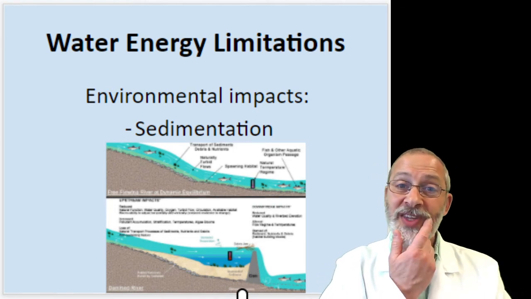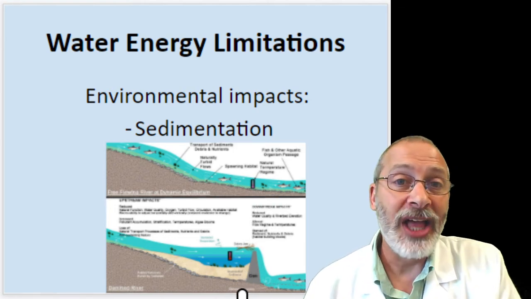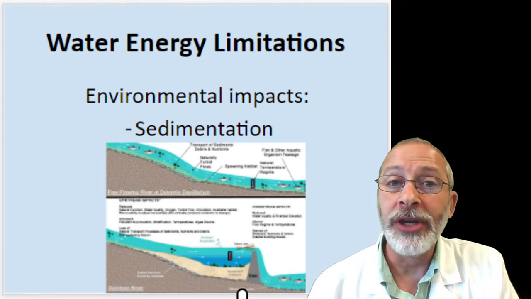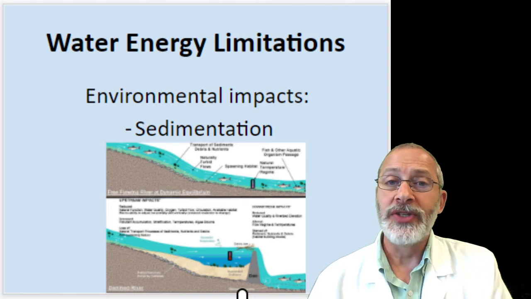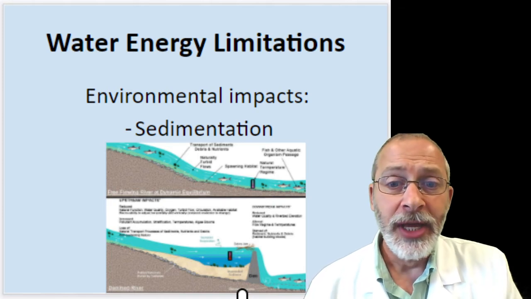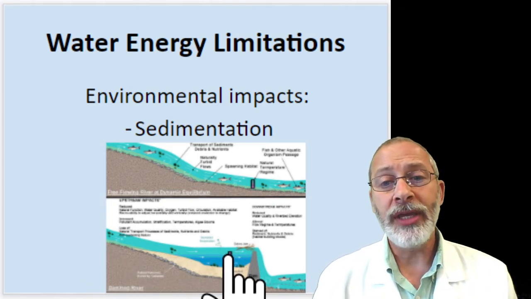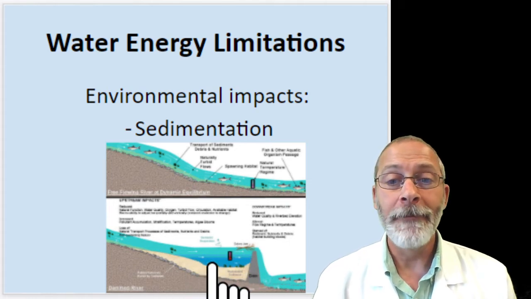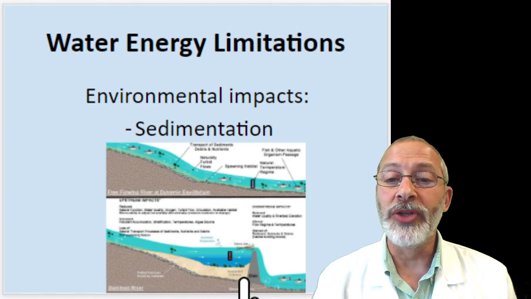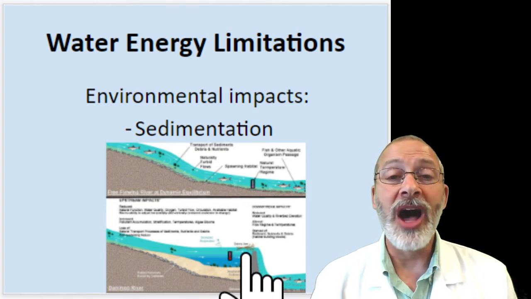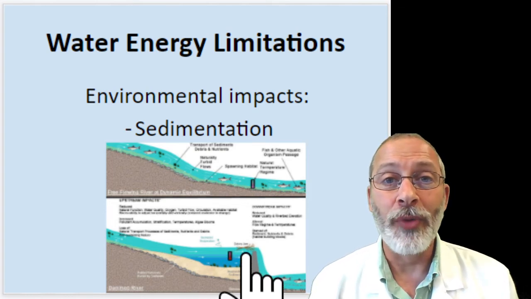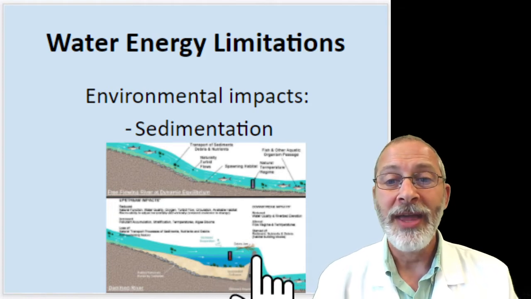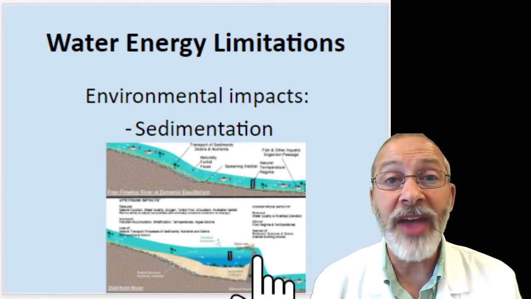In fact, it's been said that the average lifespan of a dam is about 100 years. Because after about a century of water flowing into an artificial reservoir, enough sediment builds up to block up the entire reservoir. Eventually, all of this sediment builds up and the dam becomes ineffective.